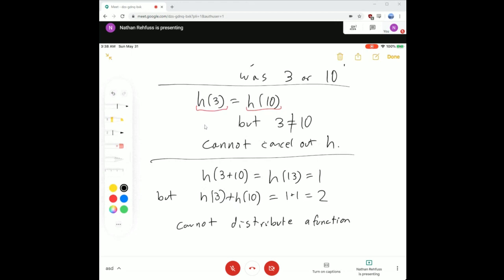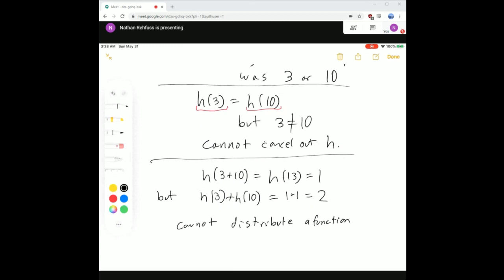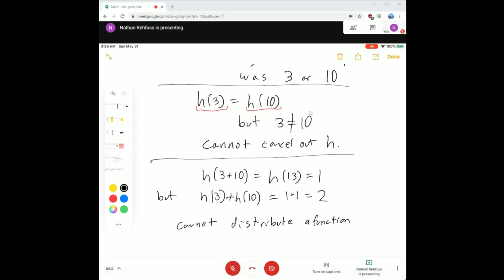I know the notation looks similar, but make sure you understand that this isn't multiplication, because h of 3 plus 10 here is a different number than h of 3 plus h of 10. So I'm allowed to add two numbers together that are both inside, get h of 13.